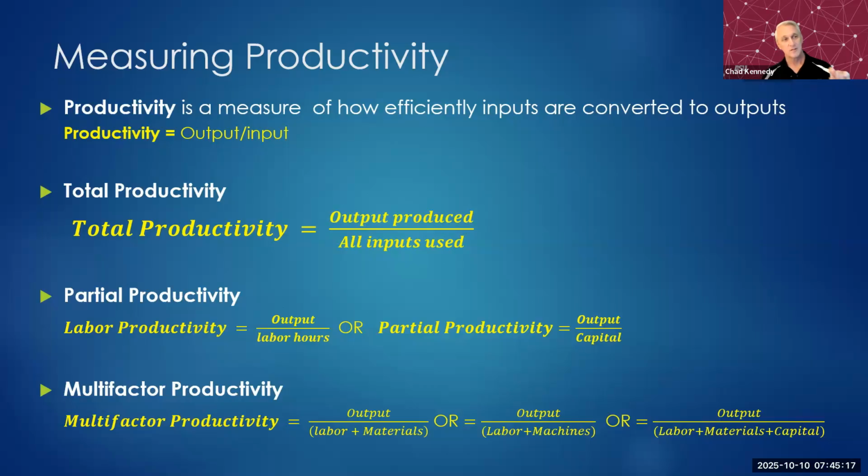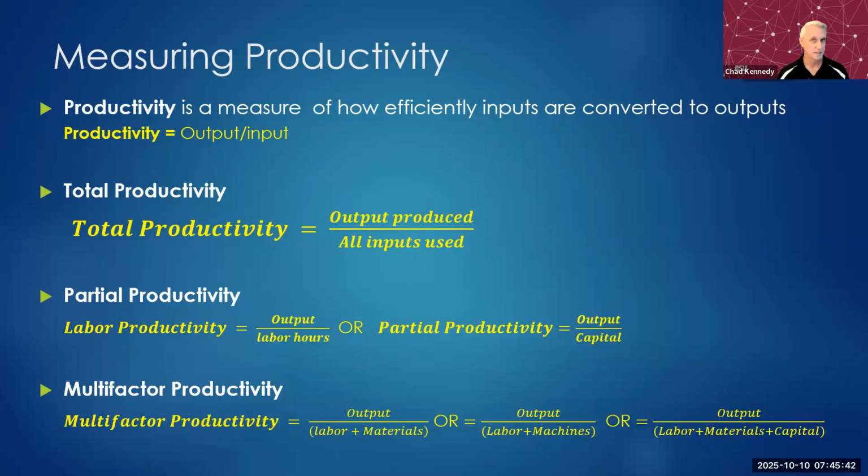Now, in lieu of not always having total productivity, what may be a little bit better is a multi-factor productivity, where we add in a few things. If we do this, particularly on the denominator, if we want to add labor and materials and machines or capital, whatever we want to put on the denominator, we need to have the same units. So we have to put everything in the same measurable units.